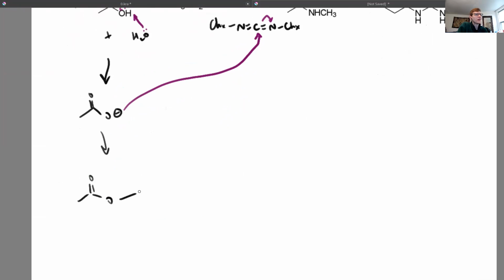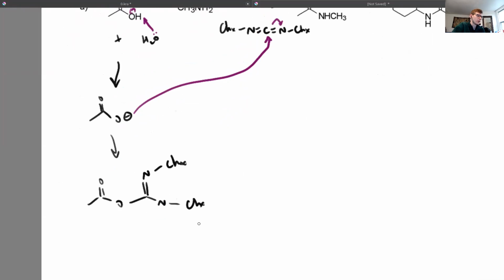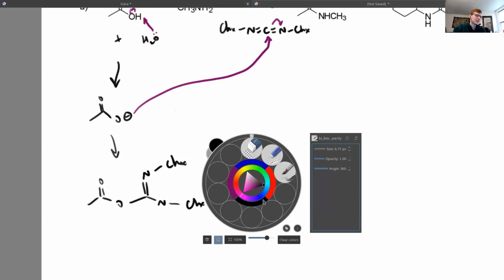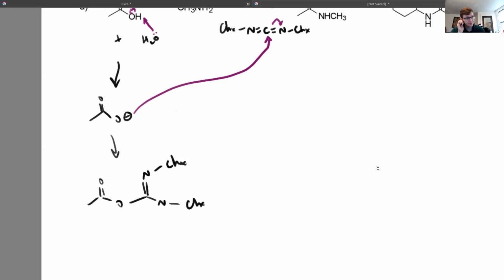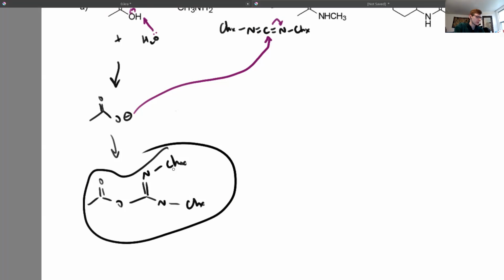So there's an O, and then this is the nitrogen we transferred to. Actually, maybe let me make that one down here. And then CHX, right? And what do we have to include here? Like there's something missing here.